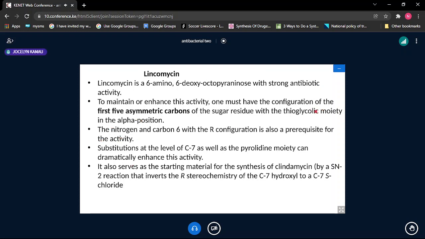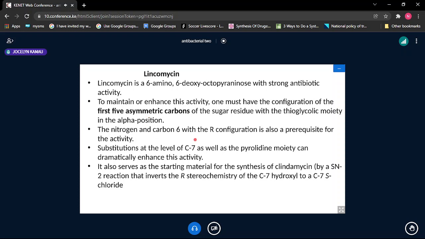So the configuration of the first 5 asymmetric carbons of the sugar residue, with the thioglycoside moiety in the alpha position, the orientations are very, very important, even for the thioglycoside moiety, which must carry the alpha. So the stereochemistry is very, very important for the biological activity of lincomycin.